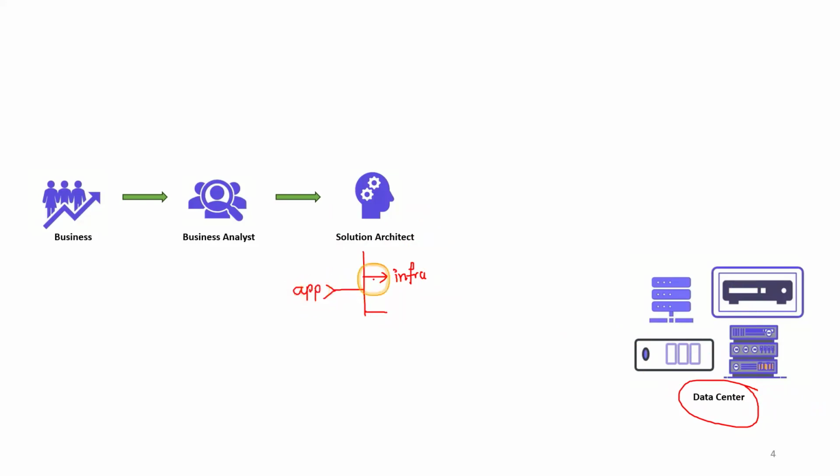For that application, they need the infrastructure and they need to develop the code. So that entire infrastructure has to be available in the organization's data center. Then only the code can be developed or deployed on top of this data center, right?